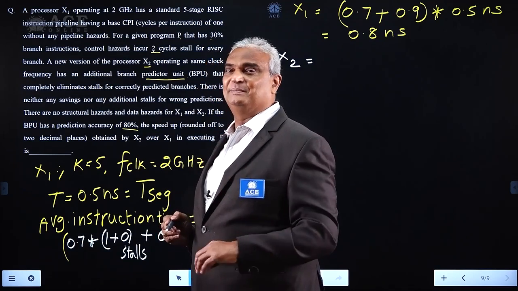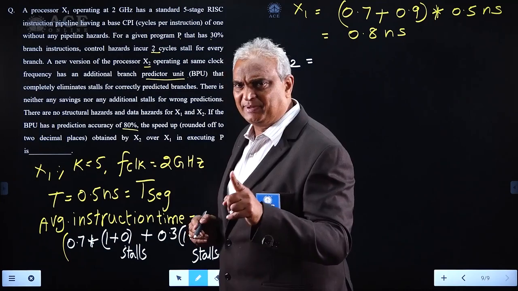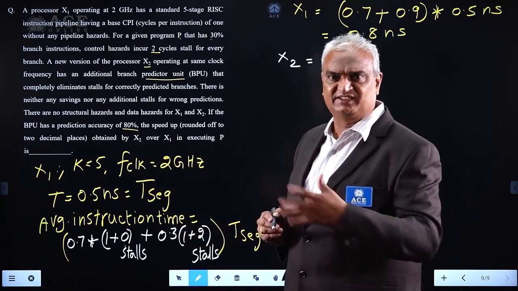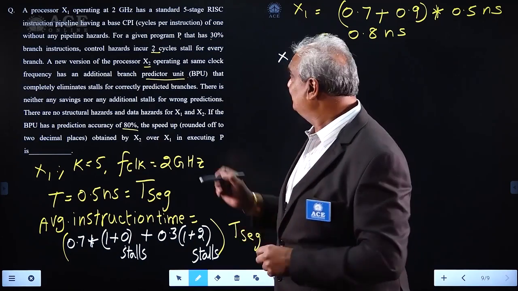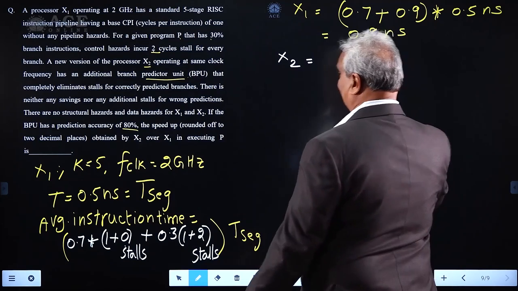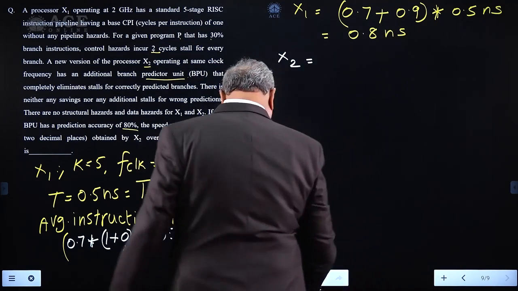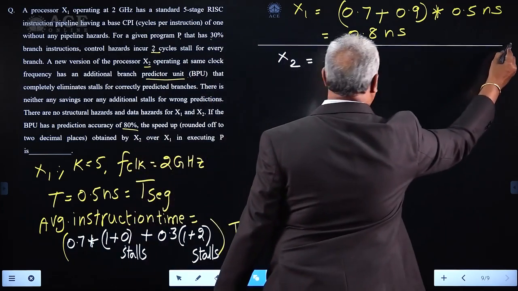What about the remaining 20%? There is no accuracy, which means for 80% of branch instructions there is no additional stall, but for 20% of branch instructions, 2 more stall cycles are needed for each. Now, for x2, the point we have mentioned there and here are the same.